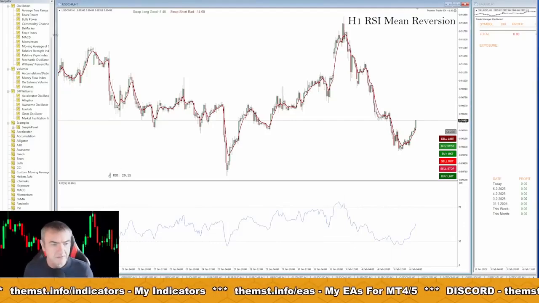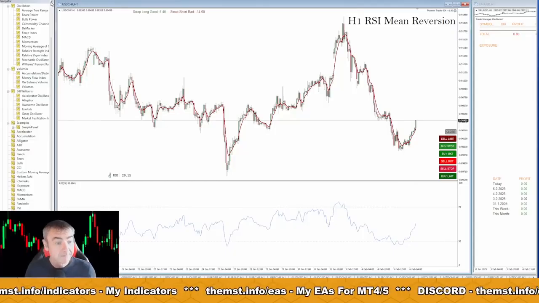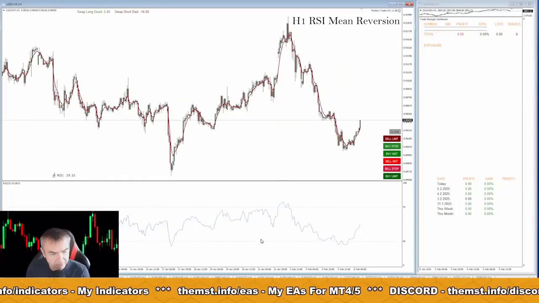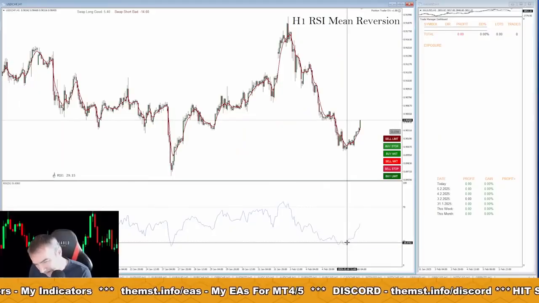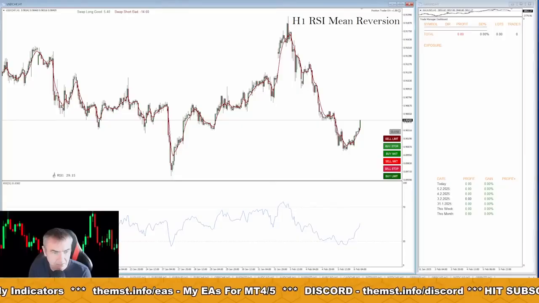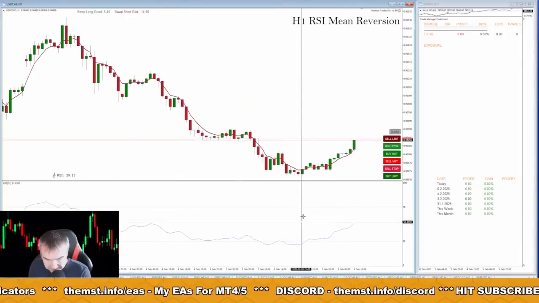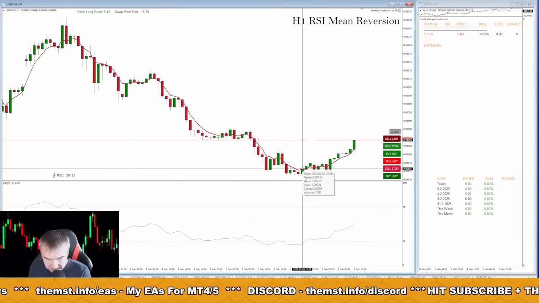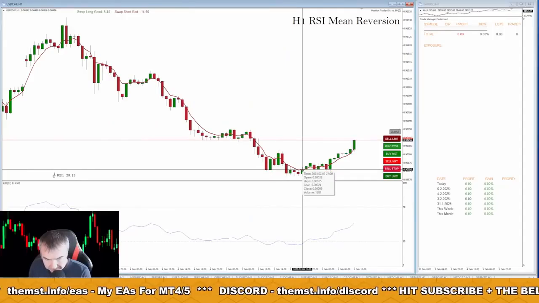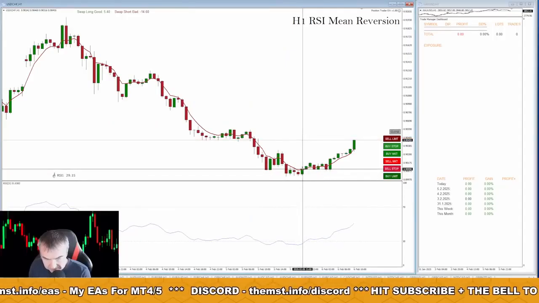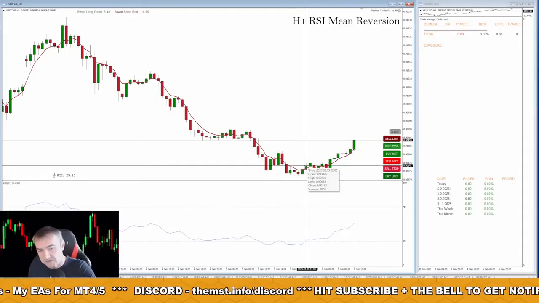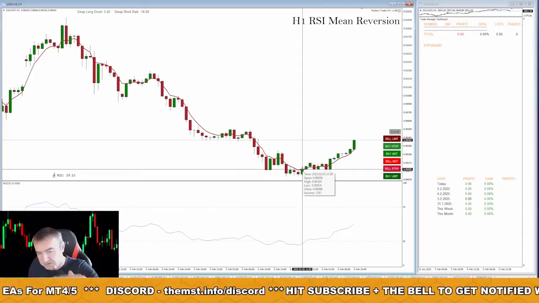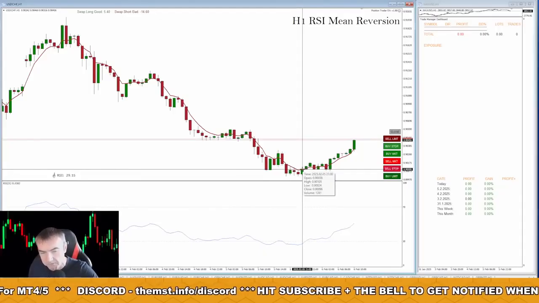I'll come back to that later. I don't know why that's happening. Sorry, I just spotted that because, to me, that looks like it could have been a trade, but actually looking at it in detail, that candle is the signal candle there. But I'm not in, because that moving average would have picked up after, because that was bullish. So that probably closed just below or on the moving average.